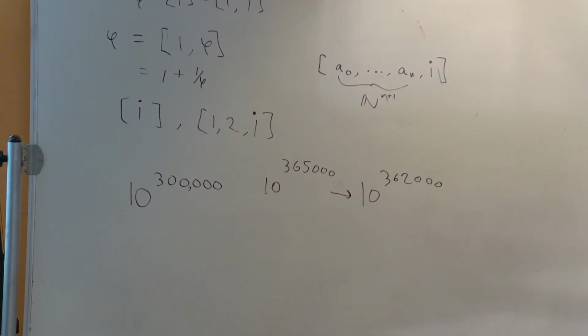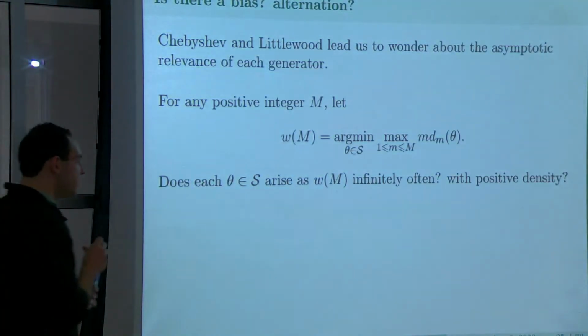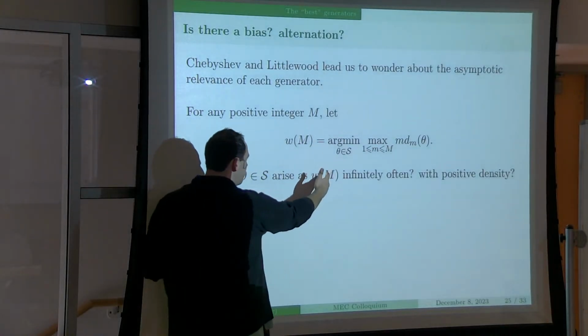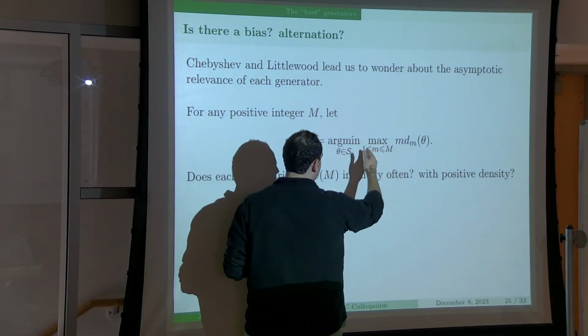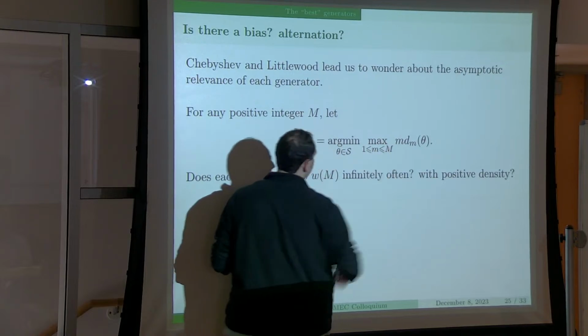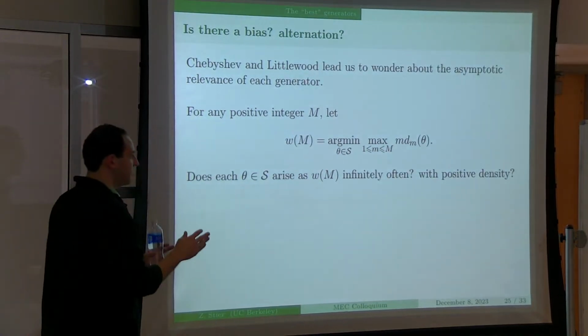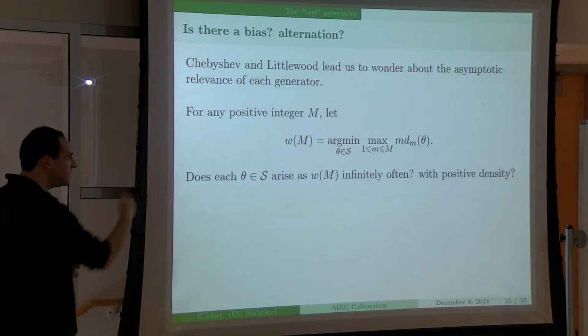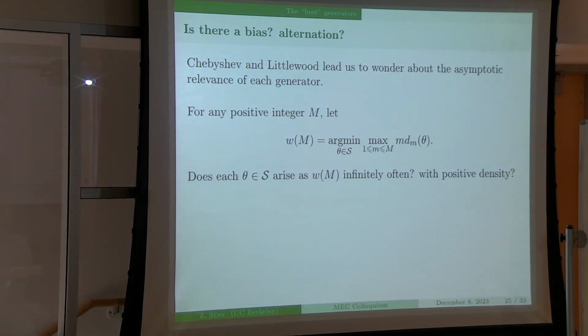So we can ask similar questions of, well, does one of these 8 numbers do much, much better than the others, asymptotically? Long-term, short-term, what can we say? So if we call W_n the theta which does best, has the smallest maximum across 1 through the input, capital M, does each theta rise infinitely often?